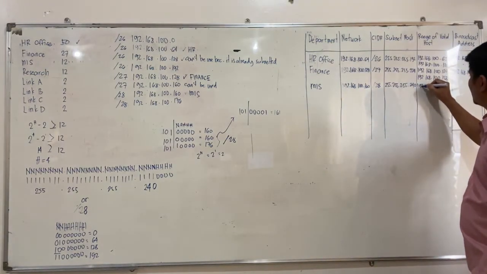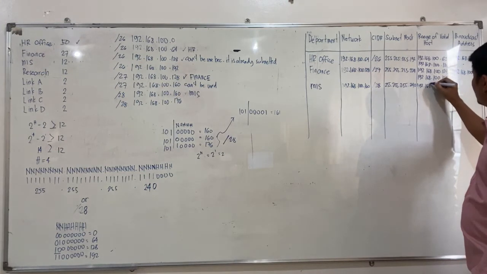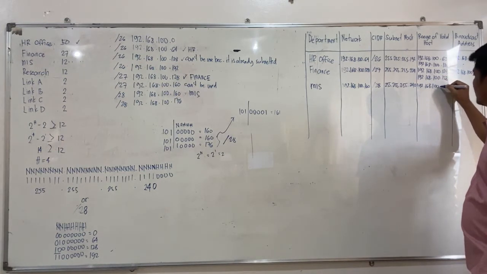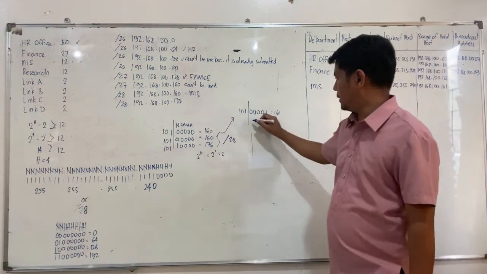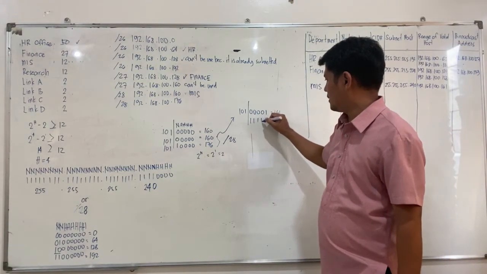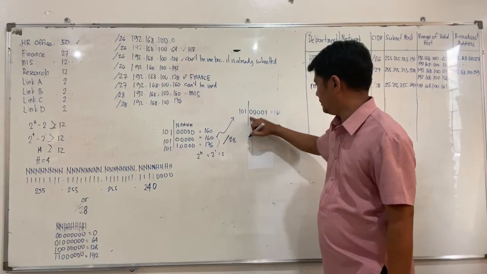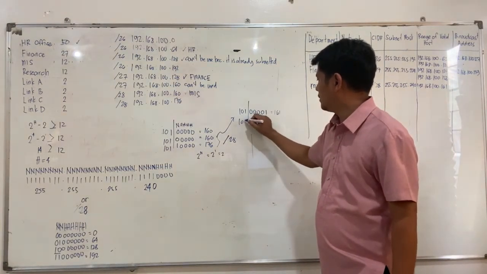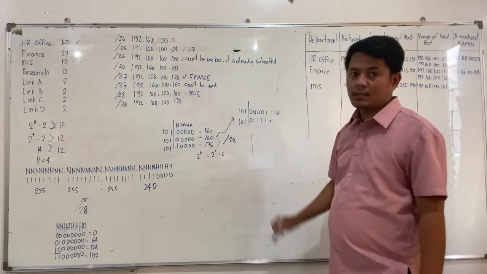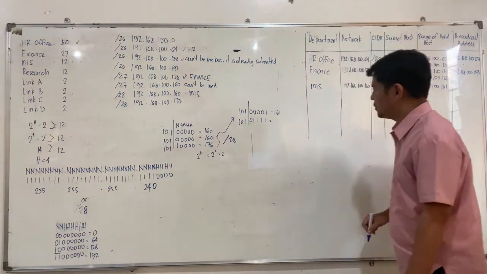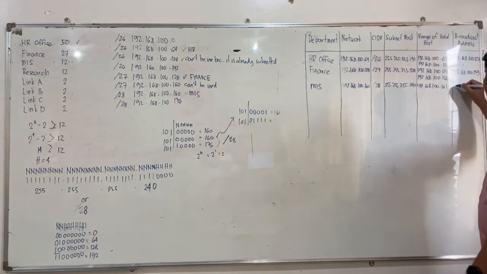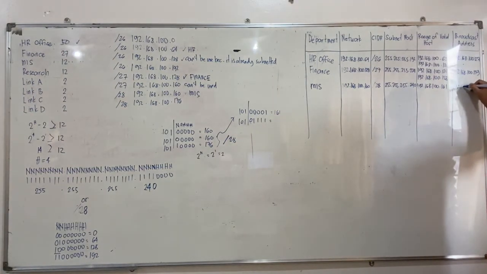So we have 192.168.100.161. If the host bits are turned into all ones, this is our broadcast address, which is equivalent to 192.168.100.175.